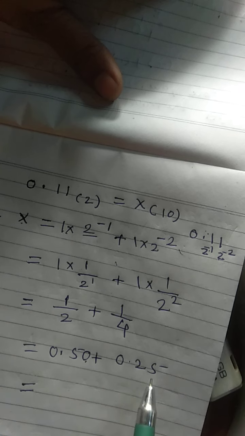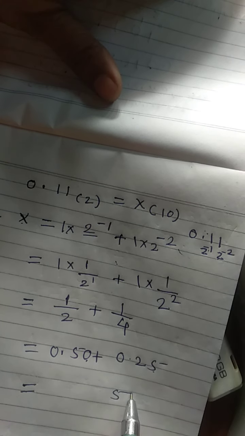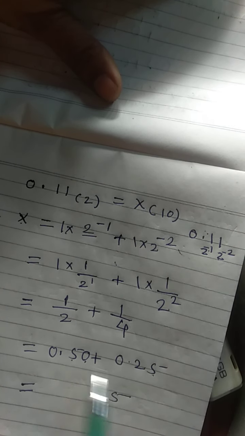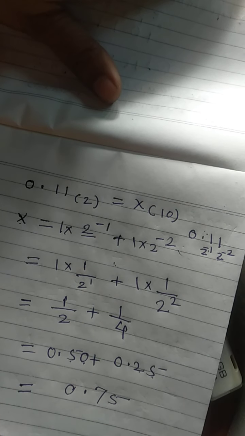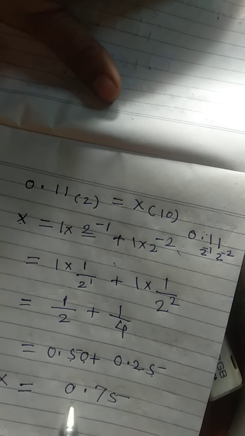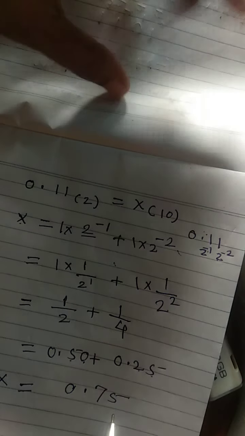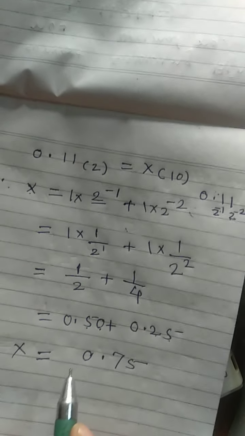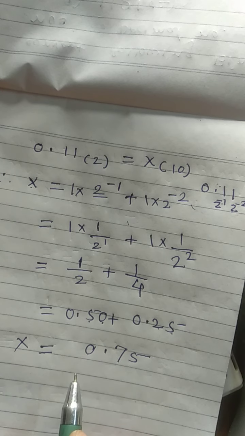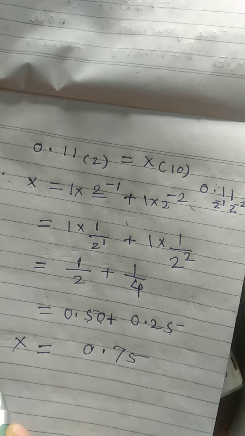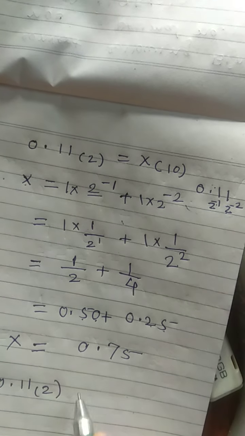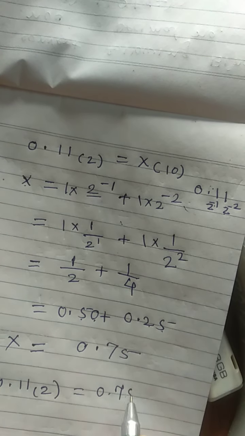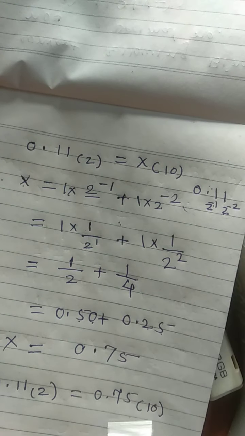Now 0 plus 5, it will be 5. Now 5 plus 2, it will be 7. Here point, again here 0. Okay. So x is equal to 0.75. I will write the answer in this way. You just go on observing. Here I will write 0.11 base 2 is equal to 0.75 base 10.